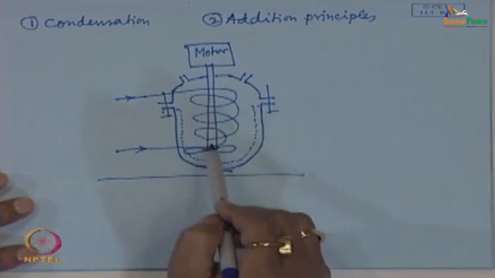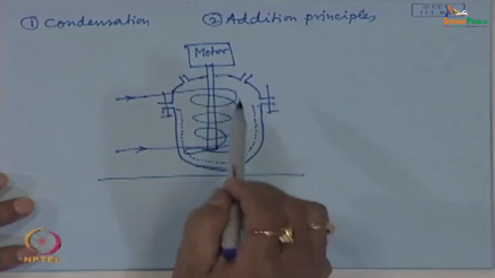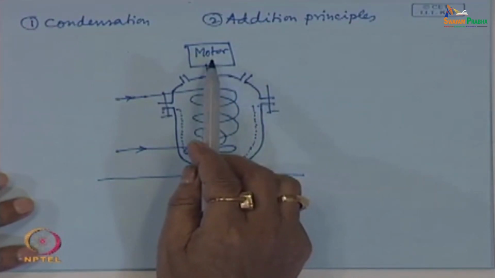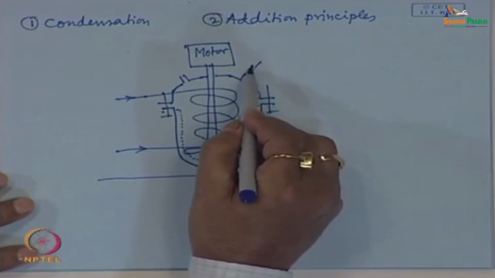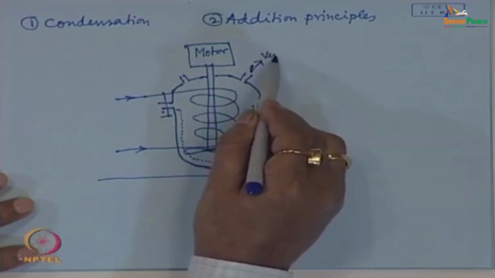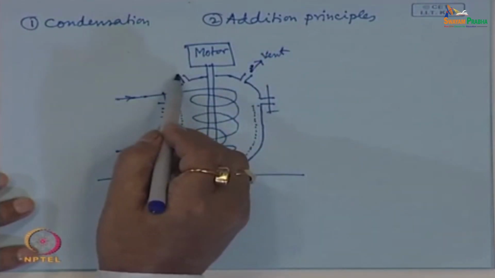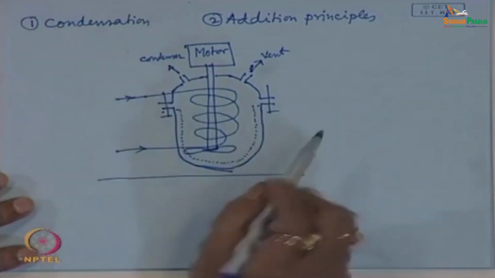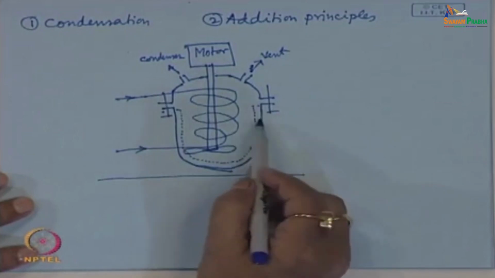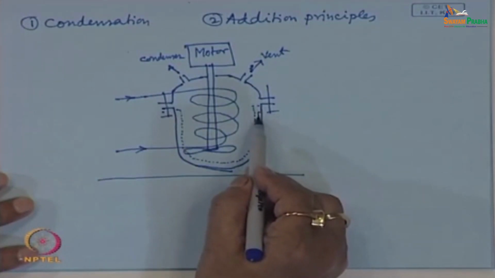Now, this is a huge stirrer which is fitted with the motor. Then that may be a vent. This may be connected to a condenser, etc., and inside there can be a baffle.